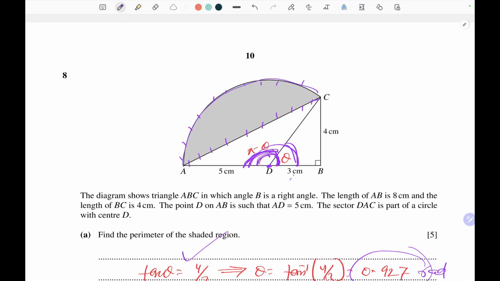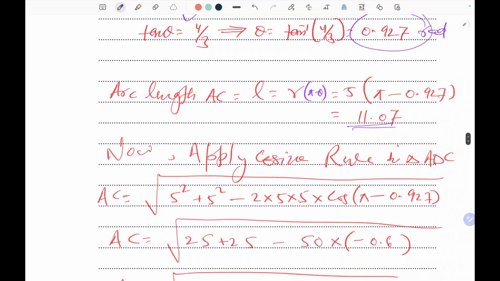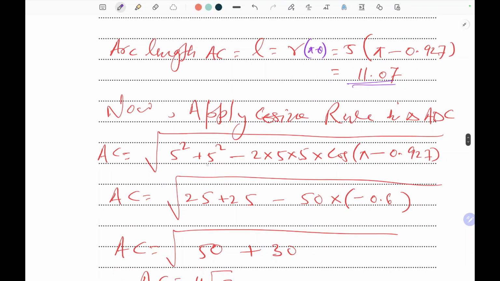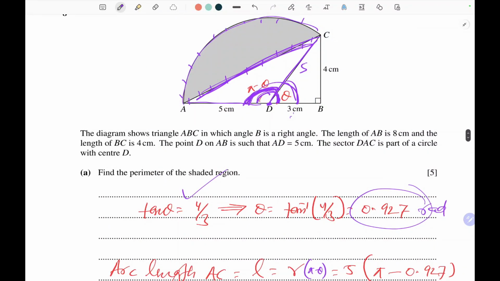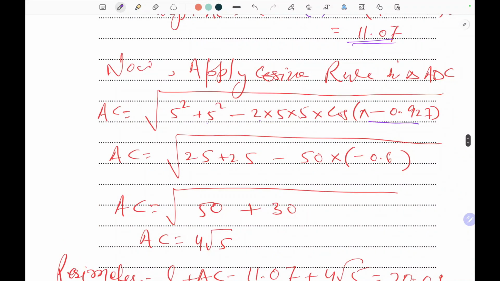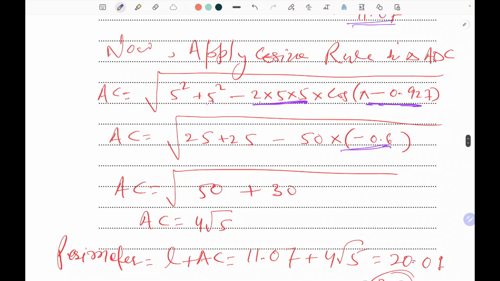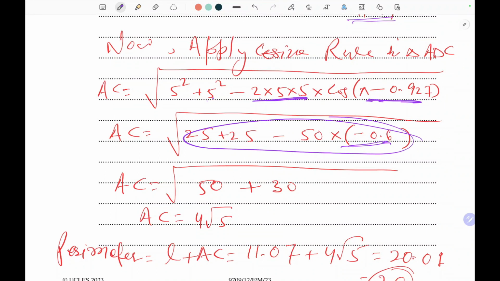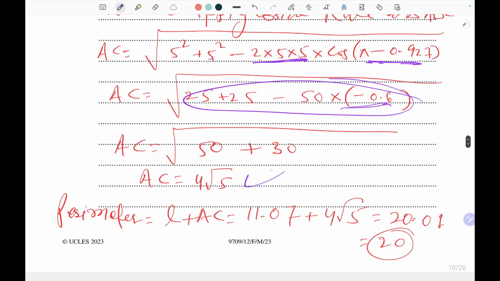Now I need to find this AC length, right? So for AC length I will use cosine rule because I have this length 5, this is also radius, so this is 5, and an angle between them. So apply cosine rule, which is 5 square plus 5 square minus 2 times 5 times 5 cos of this angle, which is pi minus 0.927. So 25 plus 25, and cos of pi minus 0.927, just use calculator, minus 0.6, you will get root 80, which is 4 root 5.